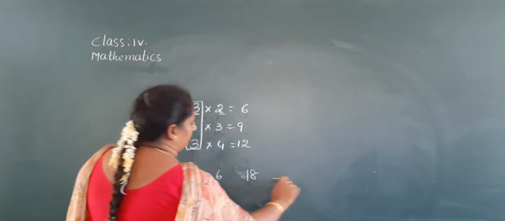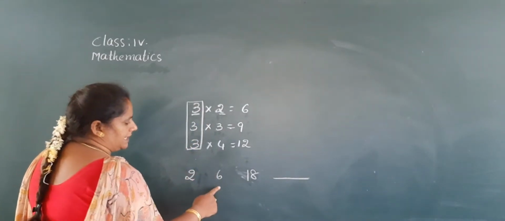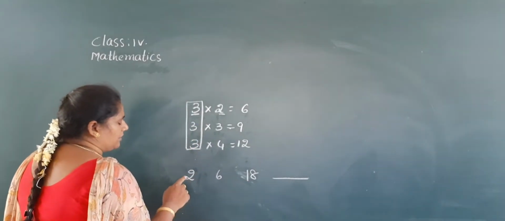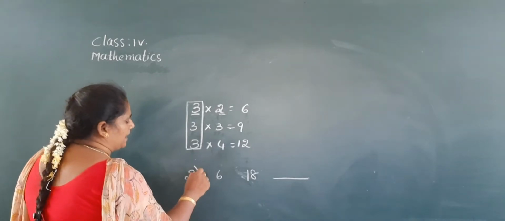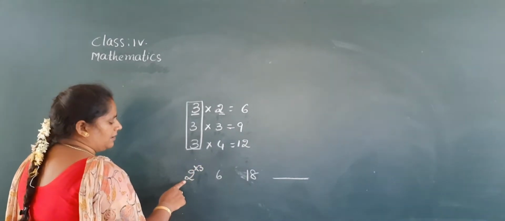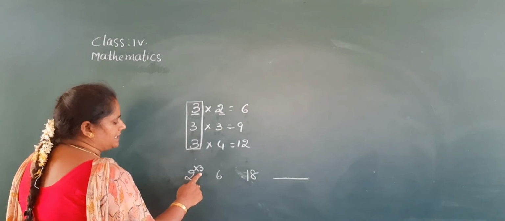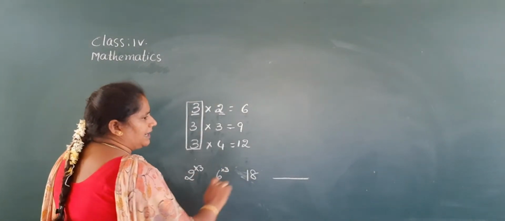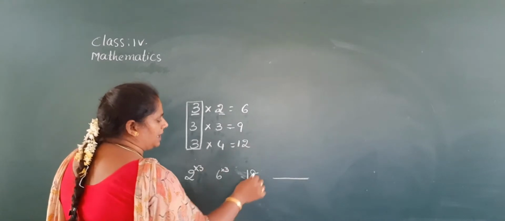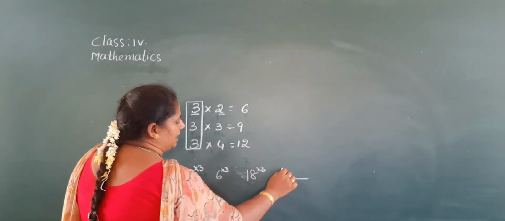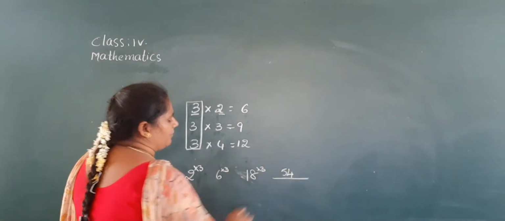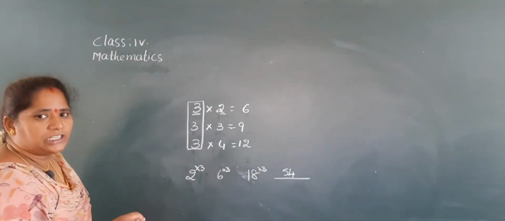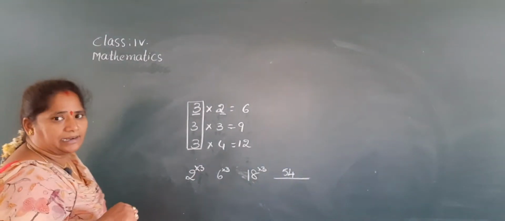Observe this pattern, children. Here 2, 6, 18. From 2 to 6, you multiply by 3: 2 3s are 6. 6 into 3, 6 3s are 18. Come on, tell me the next number. Yes, 18 into 3, 18 3s are 54. So, my dear children, you have to identify the pattern.